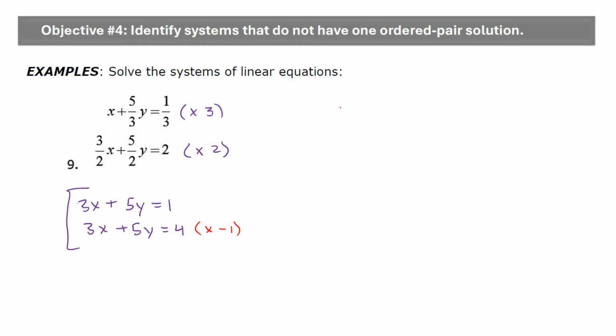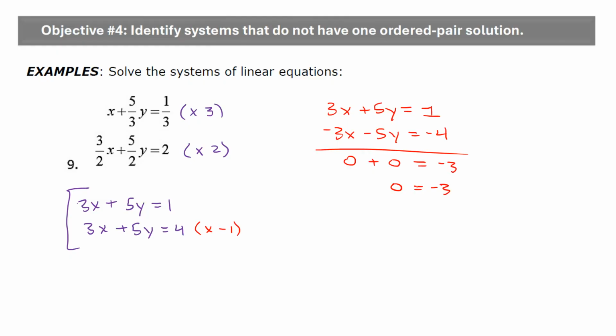So we would have 3x plus 5y equals 1. And then we'd have -3x, -5y equals -4. So that comes out to 0 plus 0 equals -3, and 0 does not equal -3. So there is no solution. There is no solution to this system.